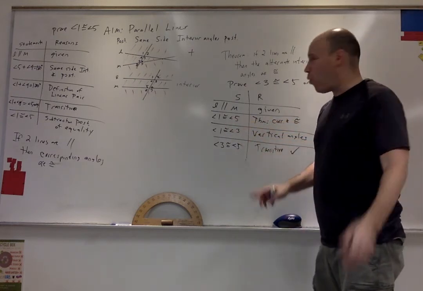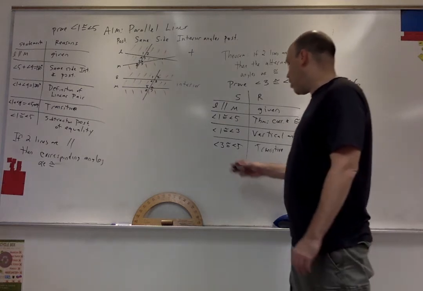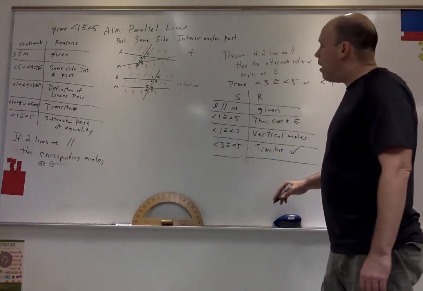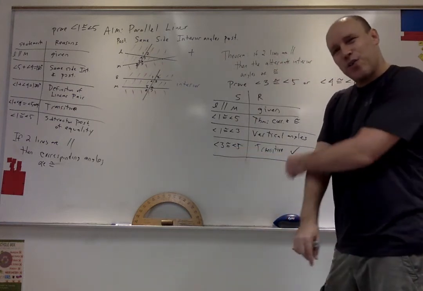Can you prove that 4 is congruent to 6 while we're here? Why is 4 congruent to 6?